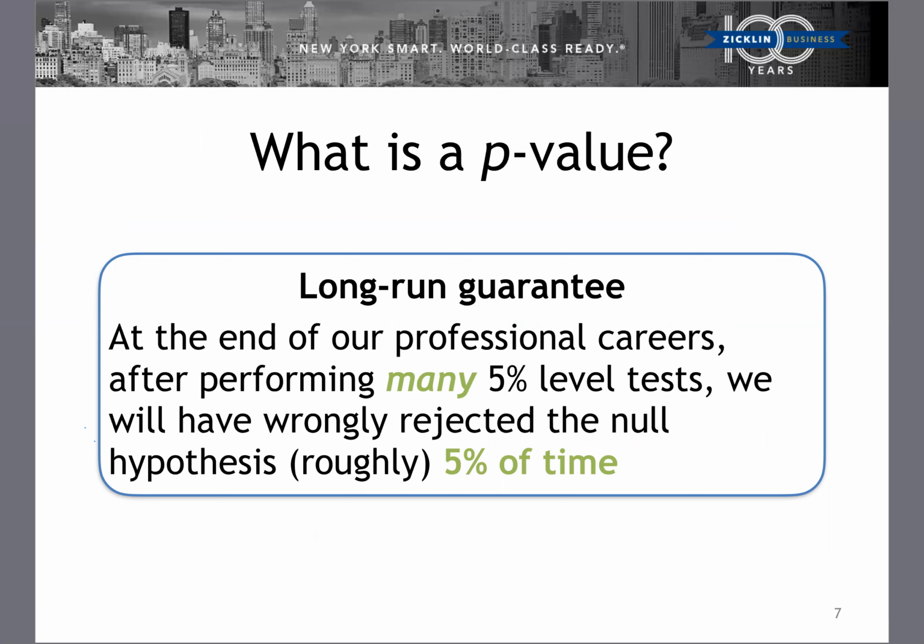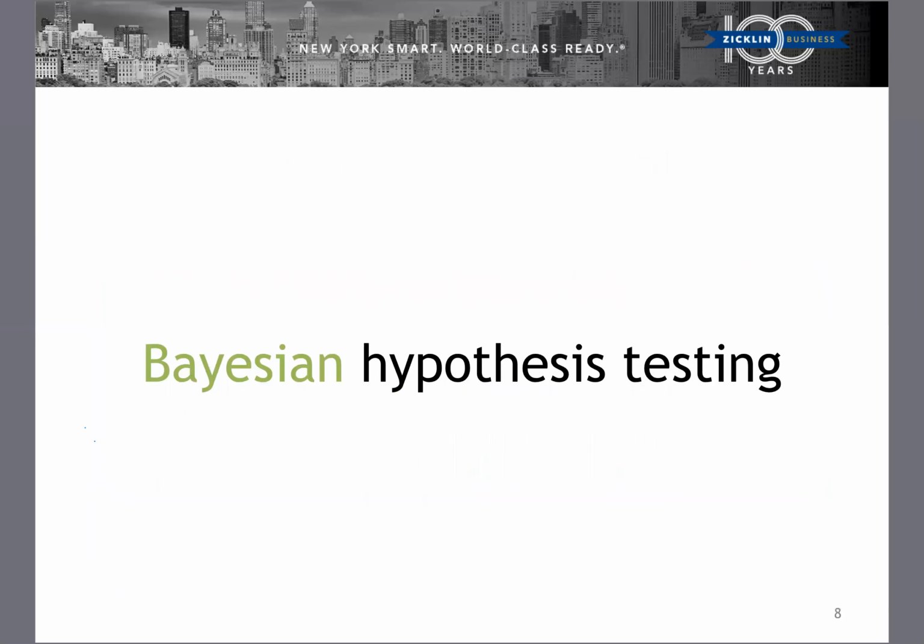There are no probabilities attached to them, at least from this perspective. You don't get to know whether you got it right or not when you're making that decision. If you could know, you would just tell the truth. There's no way to know whether you're making the right decision if you don't know what the truth is. So p-values are hard to interpret. That's the takeaway from that slide.